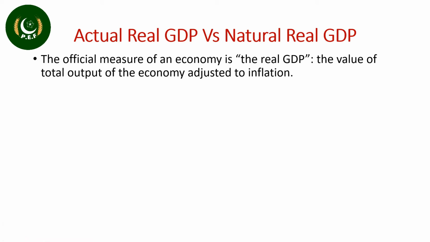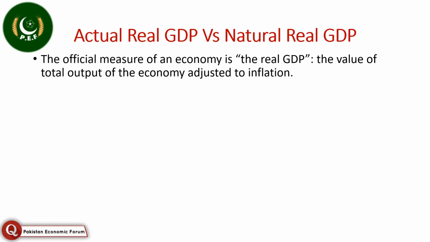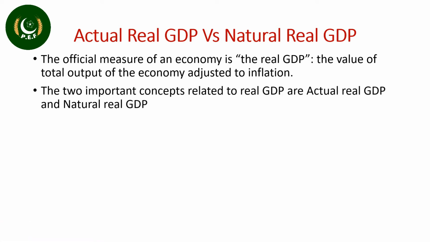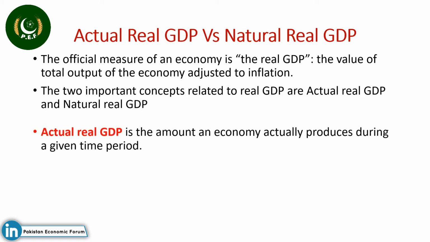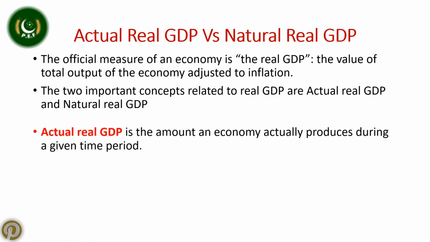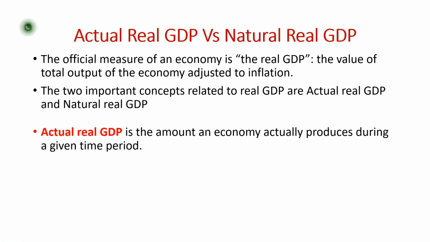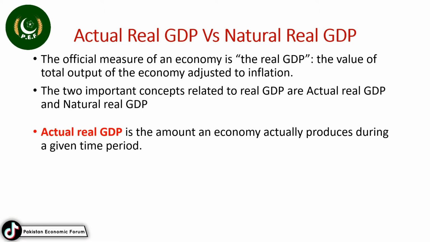The two important concepts related to real GDP are actual real GDP and natural real GDP. Actual real GDP is the amount an economy actually produces during a given period of time. This is the real GDP number that is often quoted.